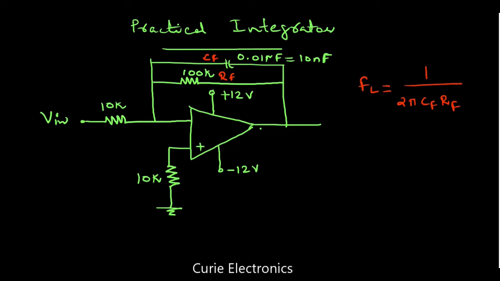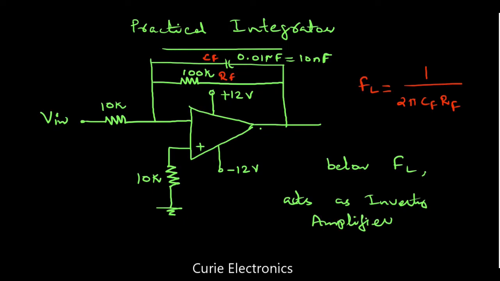Below this frequency, the op-amp integrator doesn't do the integration function. Below FL, this integrator circuit acts as an inverting amplifier. I will show you the waveforms which I have captured.